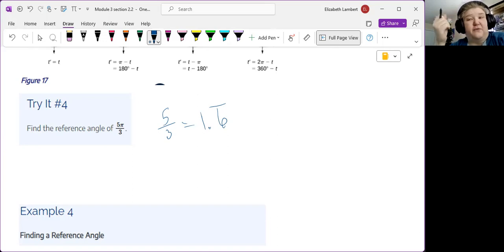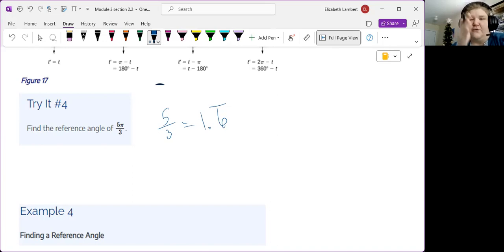It is bigger than pi. Pi would be 3 pi over 3. This is 5 pi over 3, so it's clearly bigger than pi. So we are either in quadrant 3 or quadrant 4.